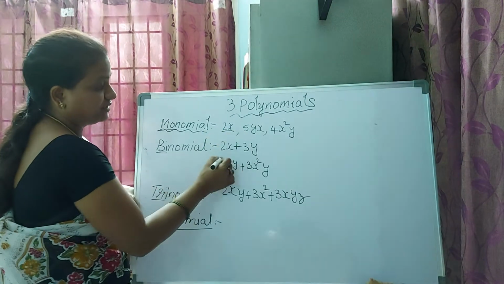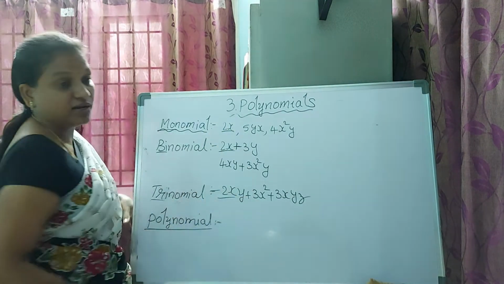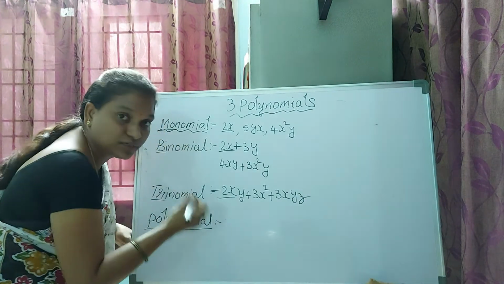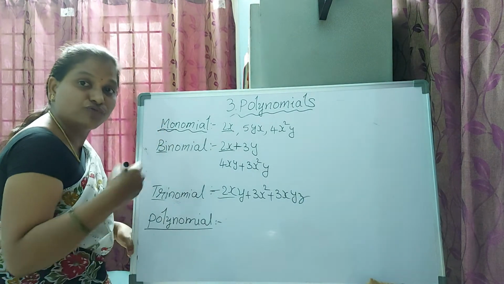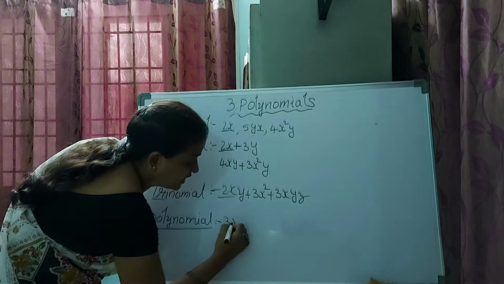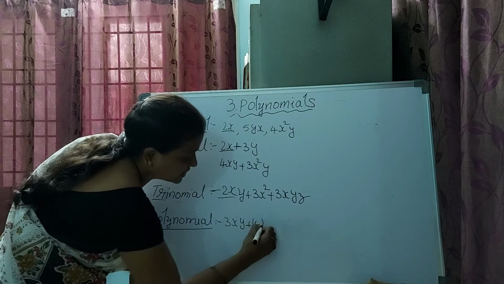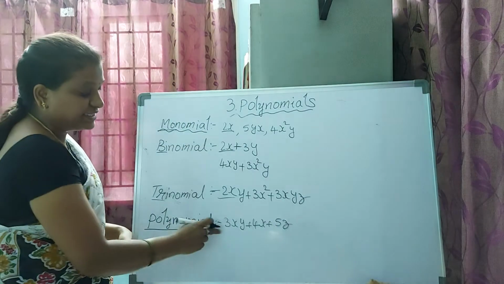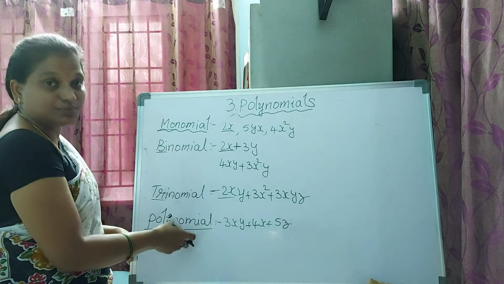This is a polynomial, this is also a polynomial. Polynomial means one term also polynomial, two terms also polynomial, 3, 4, 5, 6, 7, 8 and so on also polynomial. 3xy plus 4x plus 5z is a trinomial. Also we call it a polynomial.